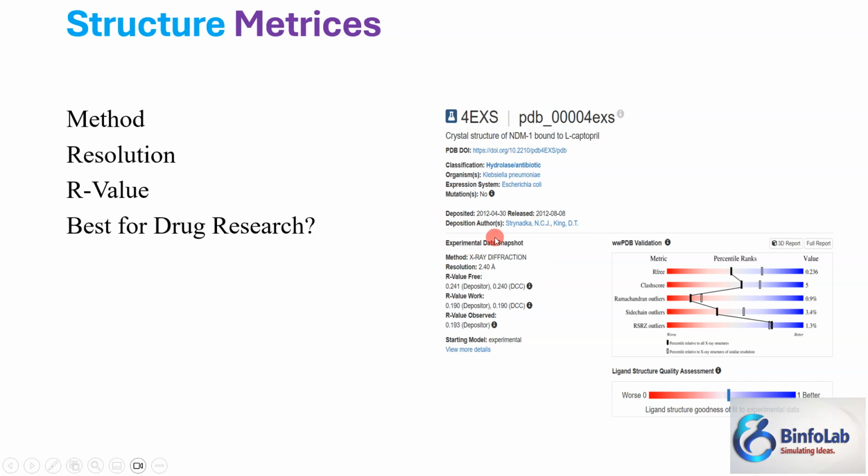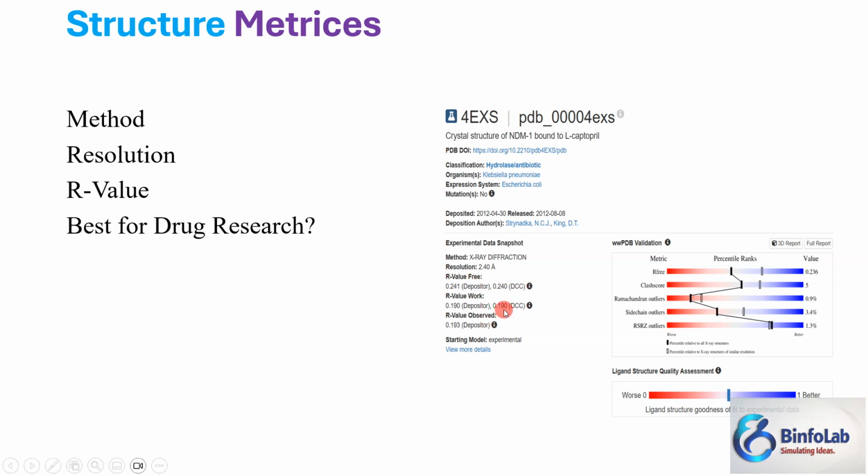Now there are the details. You can see the method. This one is the X-ray diffraction method. As I told you in my previous slide, there are three methods: X-ray diffraction, NMR, and cryo-EM. So it's an experimentally determined one. Now here is the resolution and the R value. The R values are classified into work and observed, but the most important one is free.